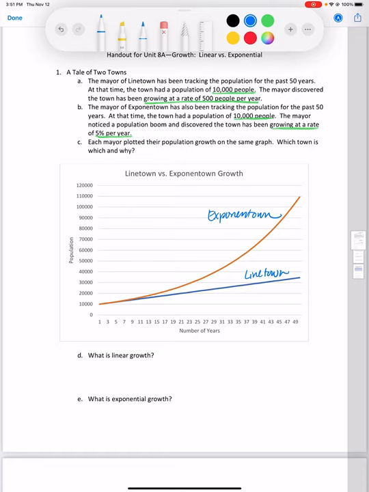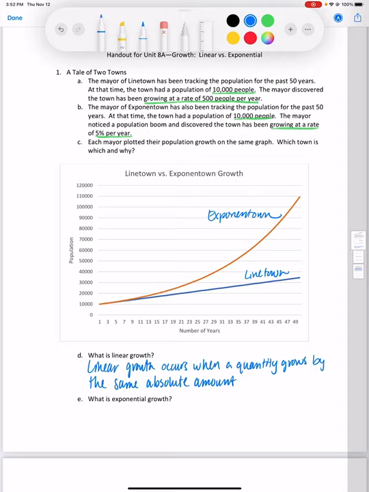Well, linear growth occurs when a quantity grows by the same absolute amount in each unit of time, like years or weeks or whatever.